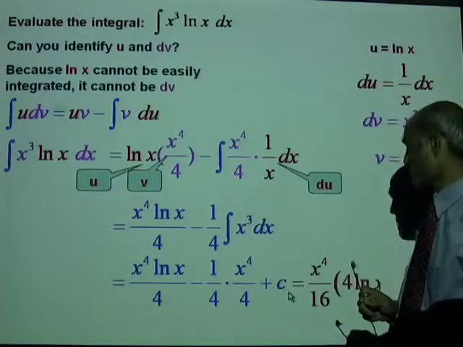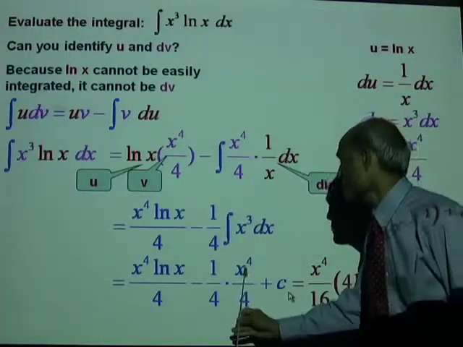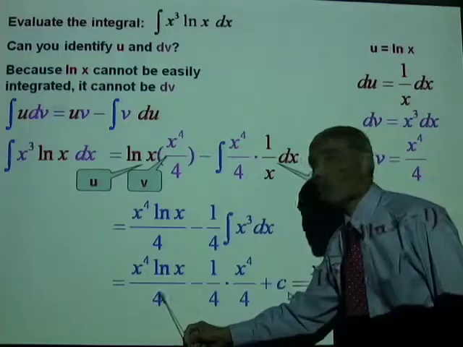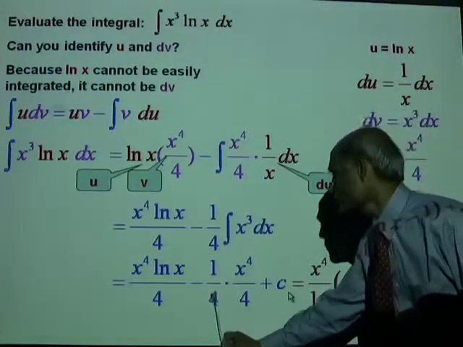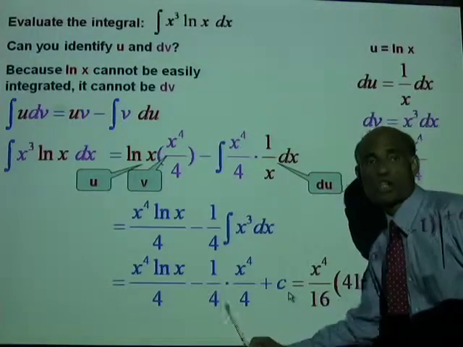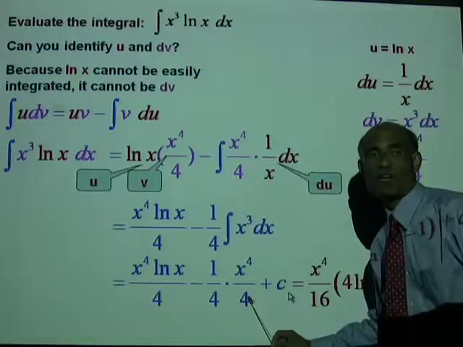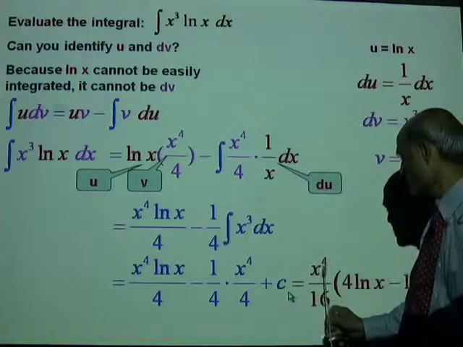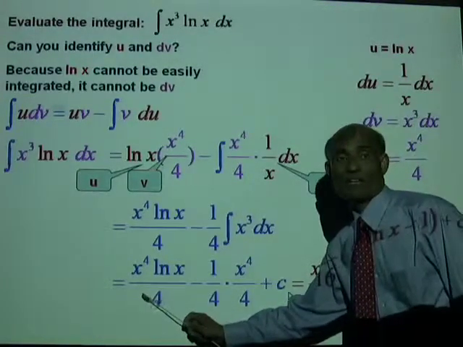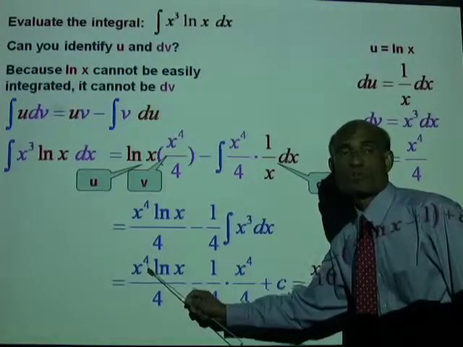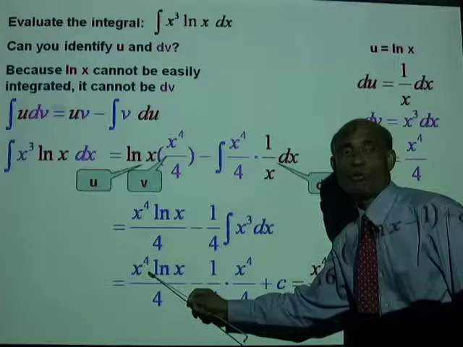And now can we simplify this? Yes, x to the power of 4 over 16 can be factored out. This term has 16 in the denominator, so we will factor out x to the power of 4 over 16. Remember, then the denominator and numerator of this will get multiplied by 4.